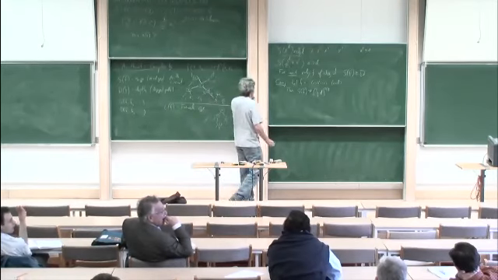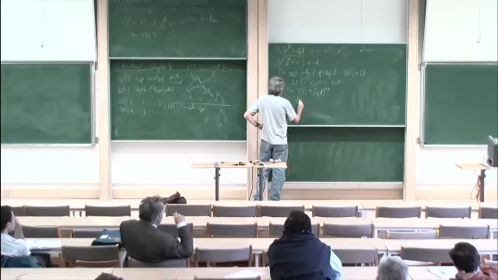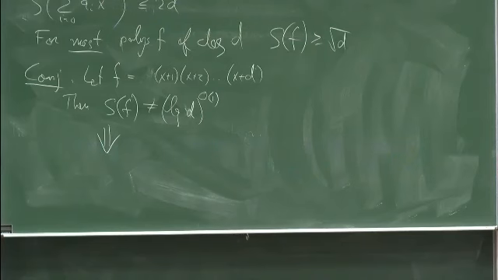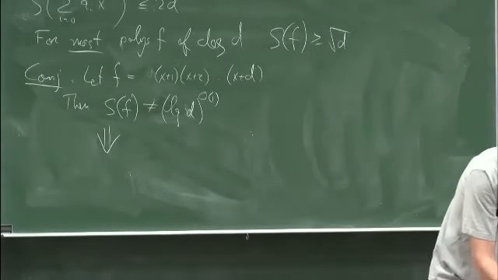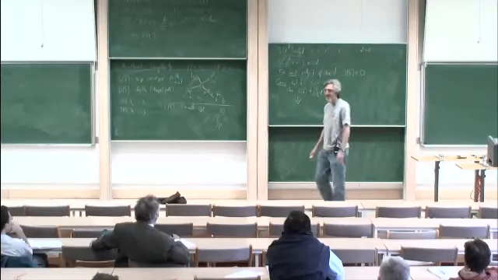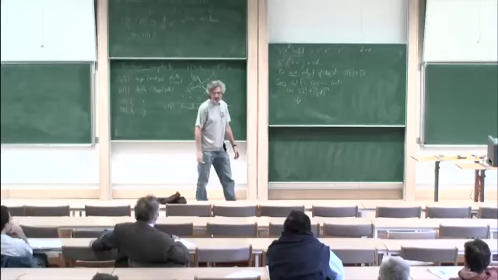Let me tell you about an implication of this conjecture. What's known as an upper bound for that, by the way? D. And this lower bound of square root of d, is it right? You can get better. It really depends on the exact definition of a circuit. You can get something like d over log d.